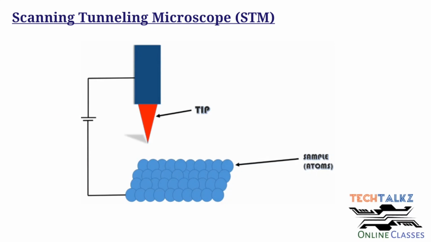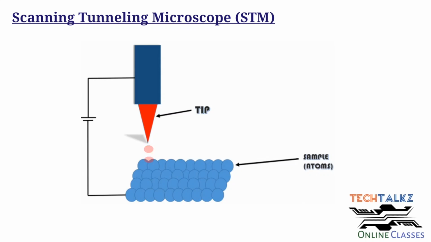The tip is placed very close to the sample, at a distance of around 0.2 to 0.6 nanometer. Since the air gap is very small, there will be tunneling of electrons from the probe to the sample. That means the electrons from the tip jump to the sample.